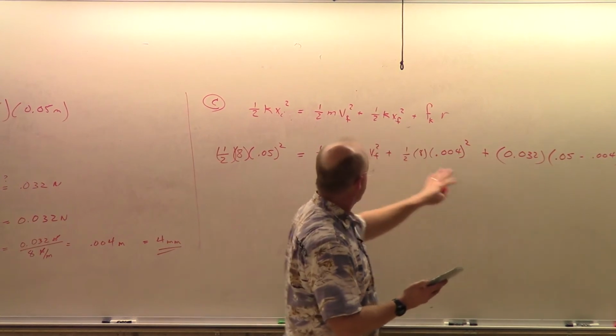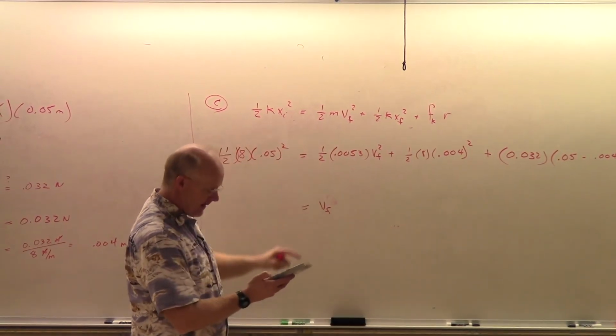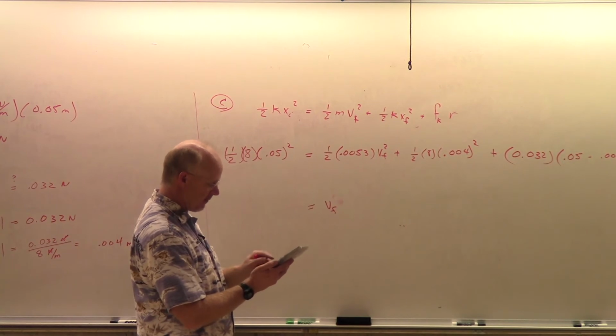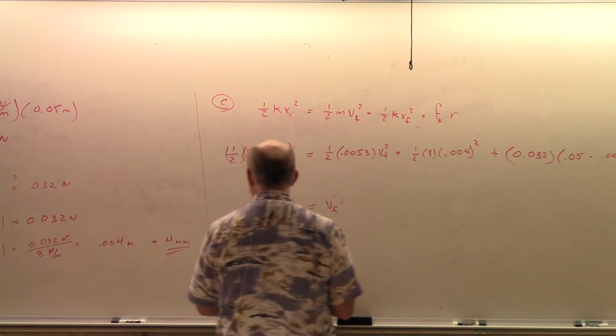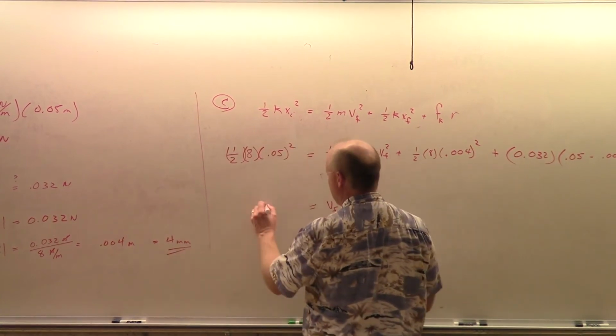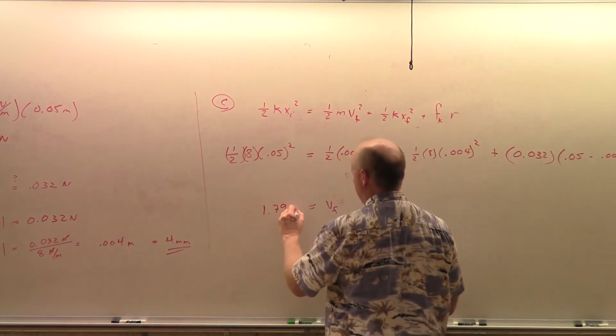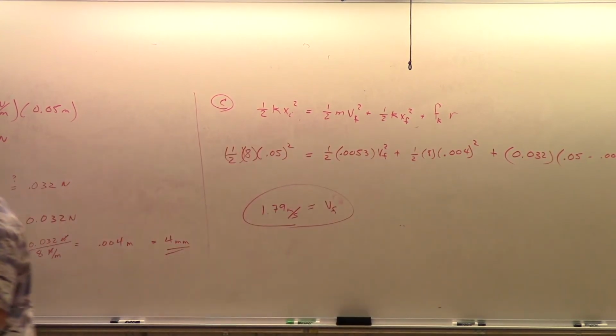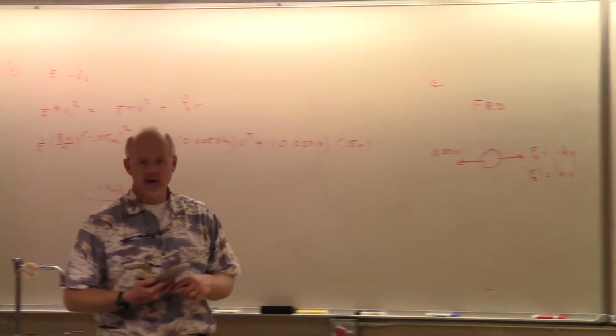So I'll subtract those two off. Then I'll be left with that one, so it'll be times 2 and divided by 0.0053. Square root of all of that is about 1.79. So there's the maximum speed of this cannon.